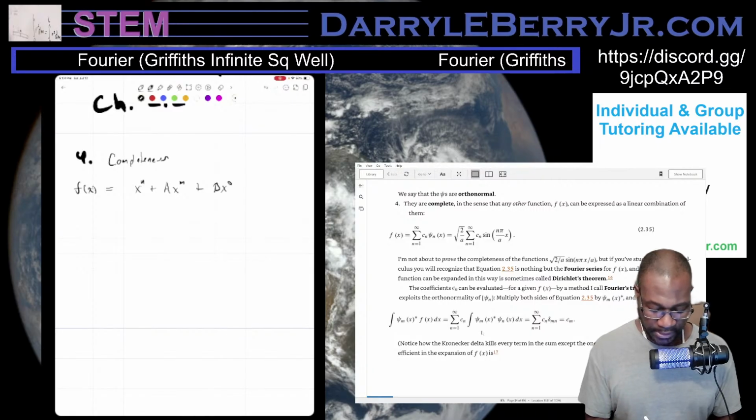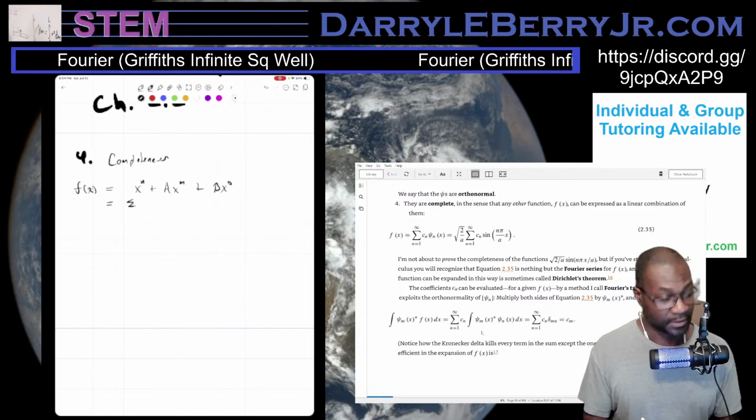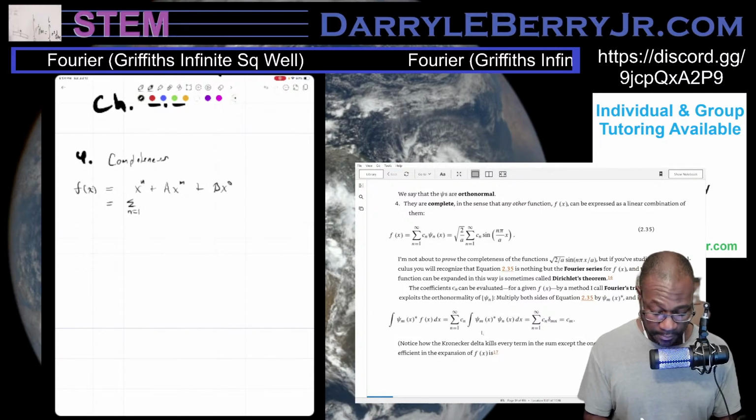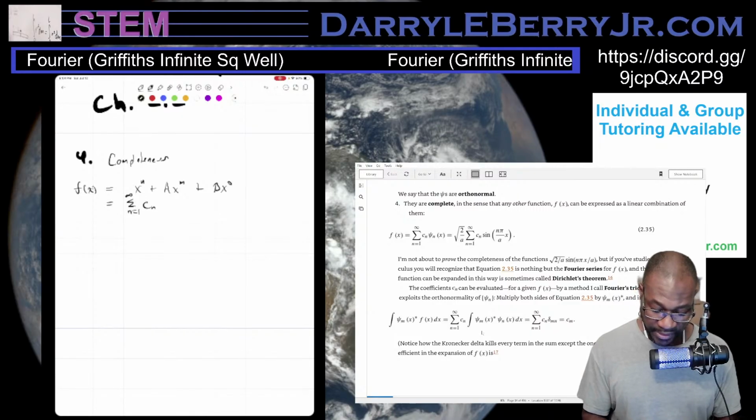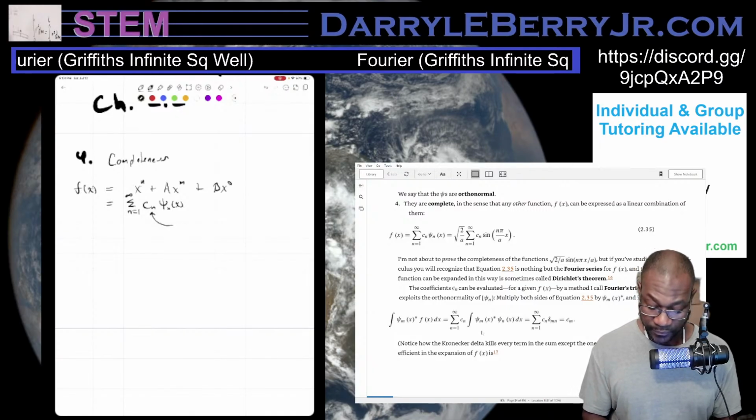And this function can be expressed as some infinite sum of these psi's that we found in the first part, with a coefficient in front.